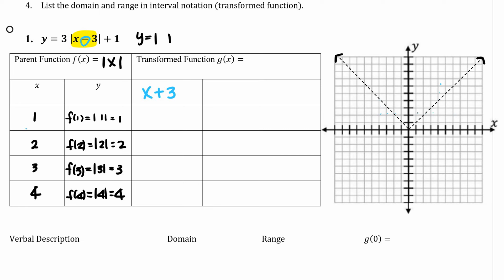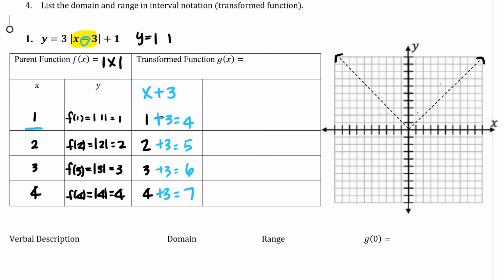When x is 1, 2, 3, 4, I move 3 units to the right, so I have 4, 5, 6, 7. That was my first transformation of x.